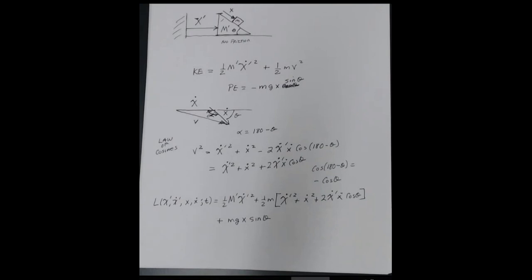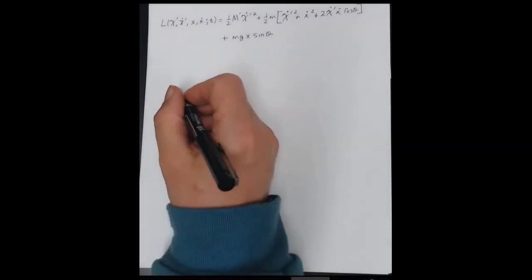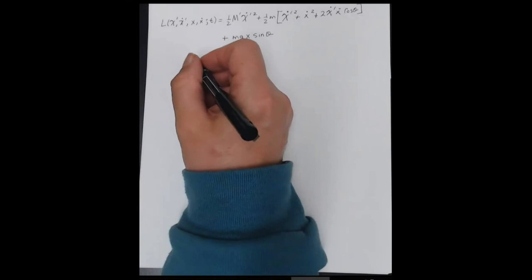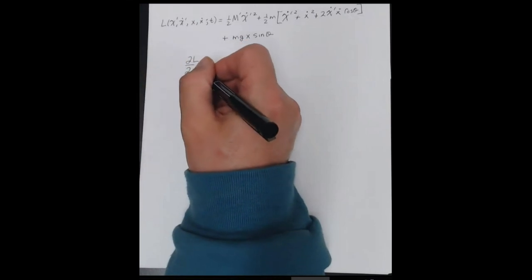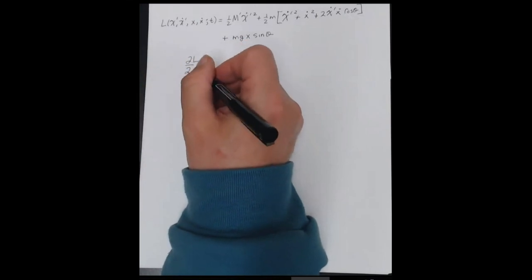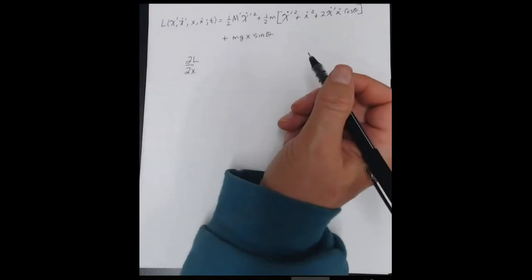So now we're going to have two Lagrange equations. Let's put that up here. Let's find dL/d little x. Do we have that anywhere?